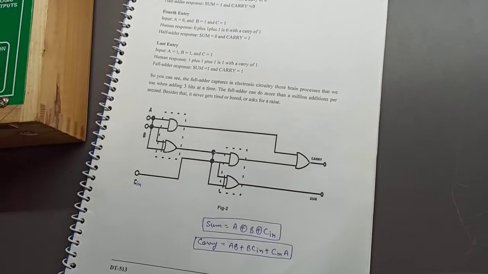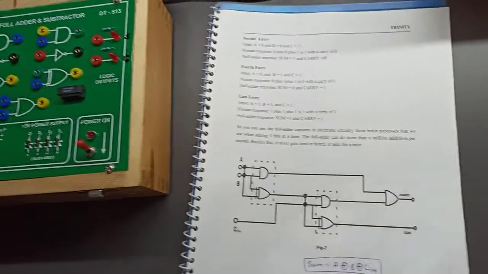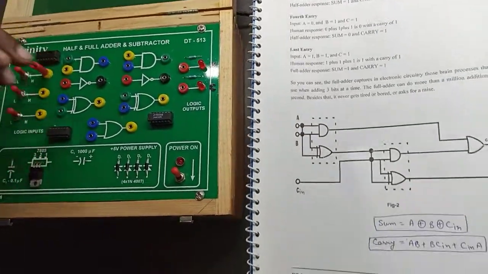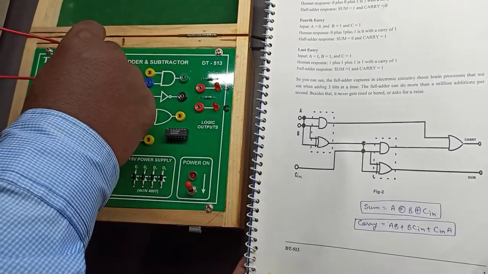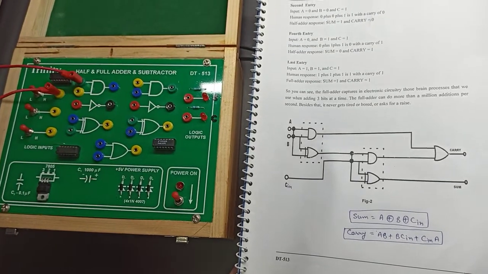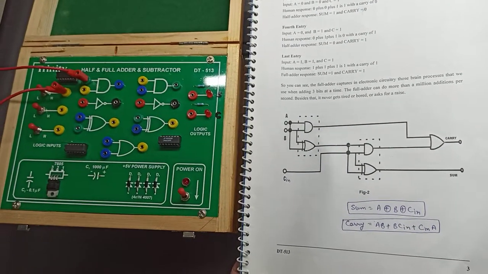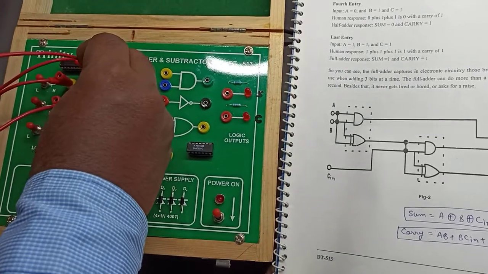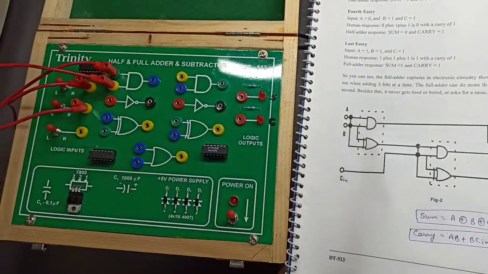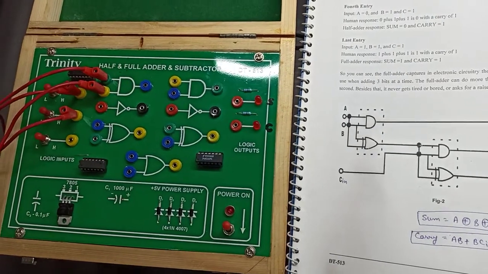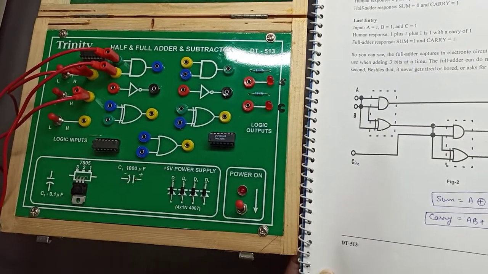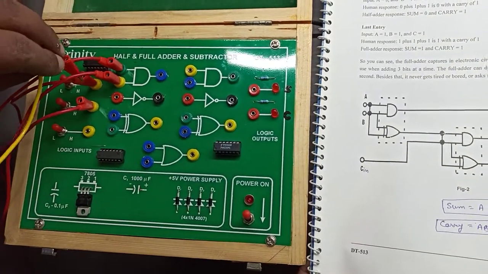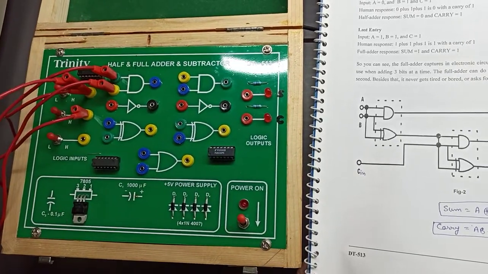So let's start. The first input goes to the first input of the AND gate, and the second input goes to the second input of the AND gate, and both the inputs are also provided to the exclusive OR gate.